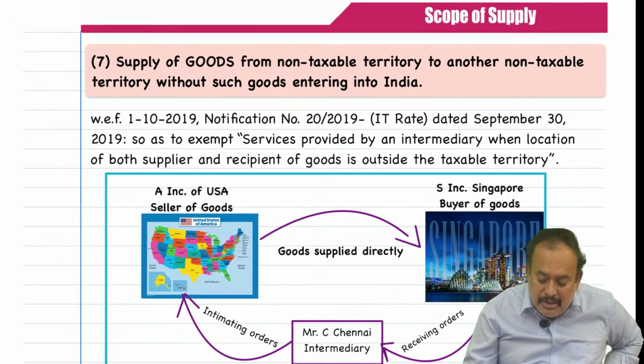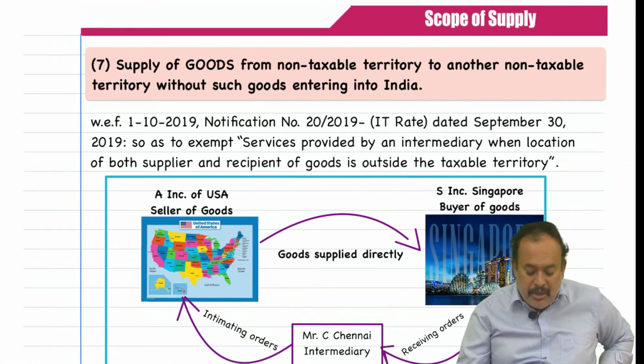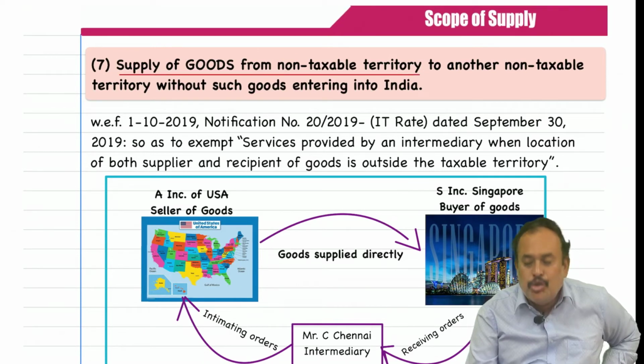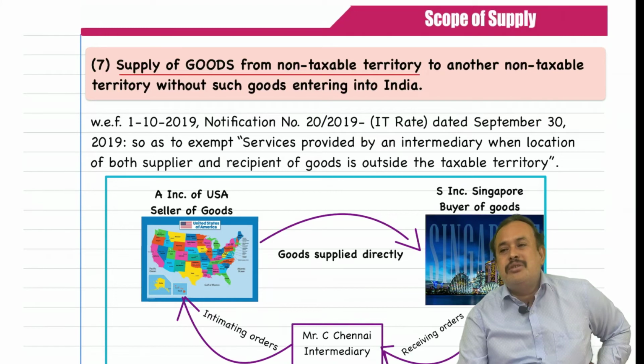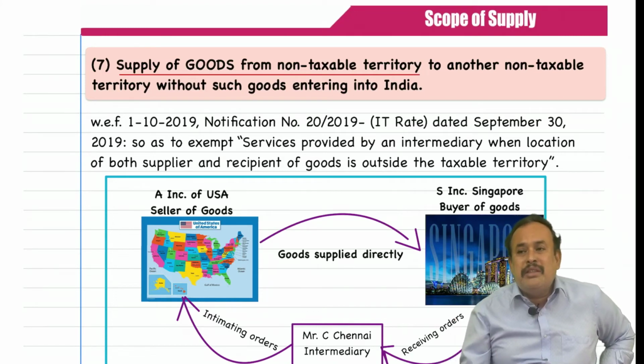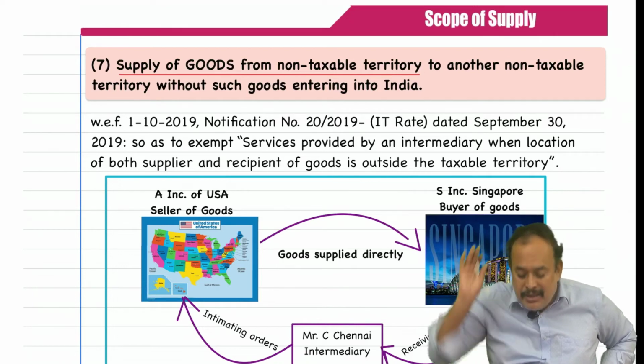Further, point number 7 of the negative list, namely Schedule 3: supply of goods from a non-taxable territory to another non-taxable territory, meaning from outside India to outside India without such goods entering into India, is not going to attract GST in India.